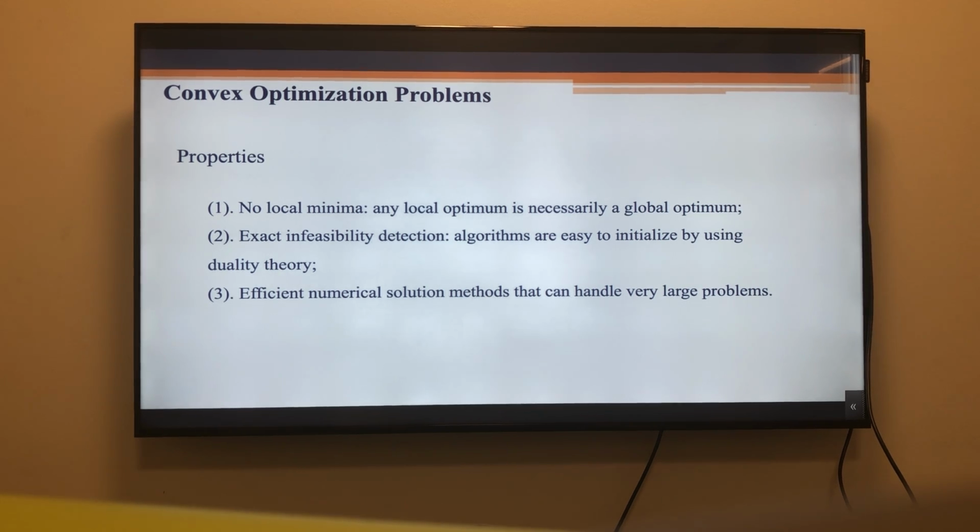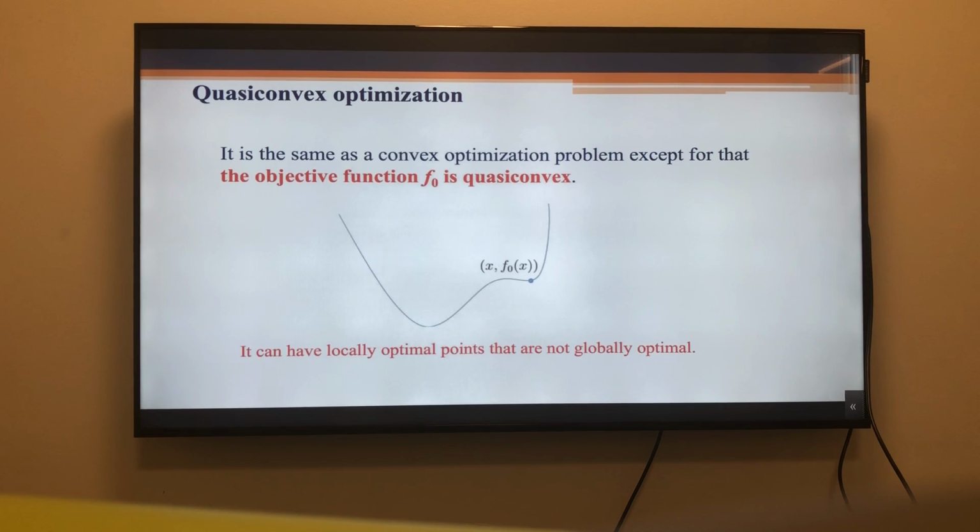The first one is that there is no spurious local minimum, which means any local optimum is necessarily a global one. Another property is that algorithms are easy to initialize by using duality theory. And the third one is efficient numerical solution methods that can handle very large problems.